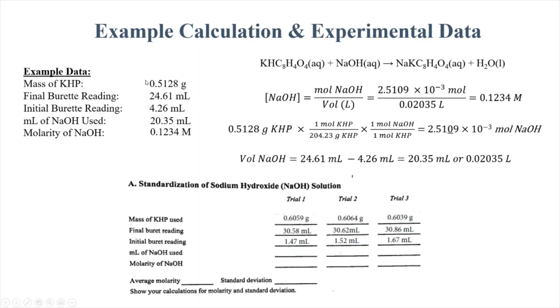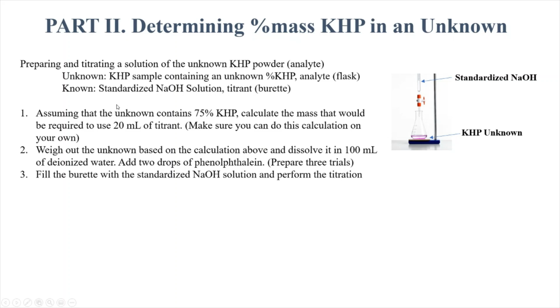We're calculating the mass, but we're going to assume that it's about 0.75, or 75% of the KHP. So I want you to work on this calculation on your own. Make sure that you know how to do it. I'm not actually going to do it because it's not 100% relevant to the lab. But if for some reason you don't understand how to do this calculation or you have a question, you can contact your section instructor and they can walk you through this calculation.